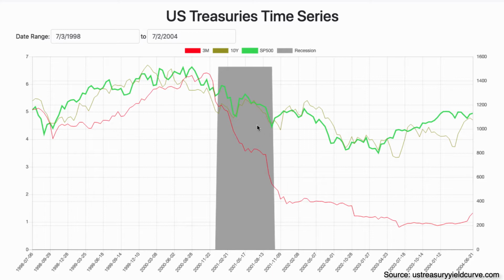So are you seeing the pattern here? Fed raises interest rates. That pushes the front end of the yield curve up. And then it goes up above the longer term yields. And then the economy goes into recession, and the Fed starts cutting.